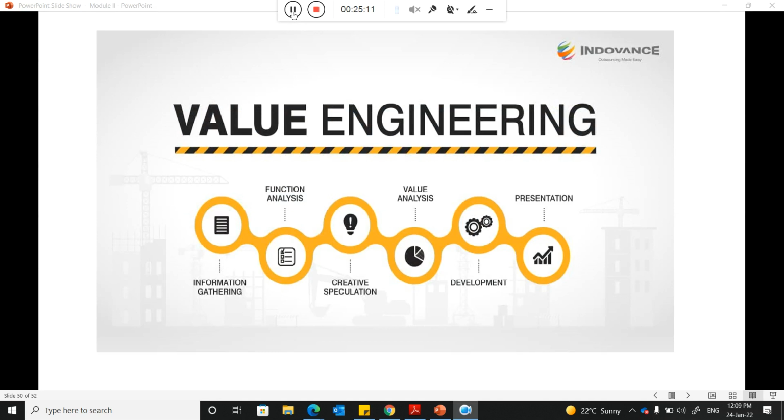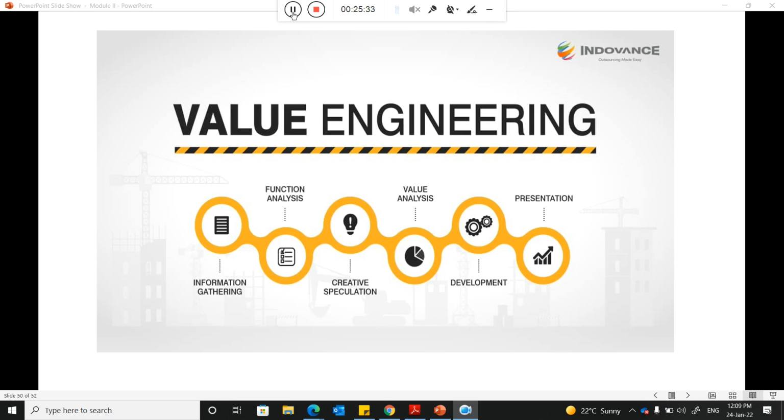First you need to gather the information: how many components are used, what is the cost of each component, how many products of this type are utilized, all of that.